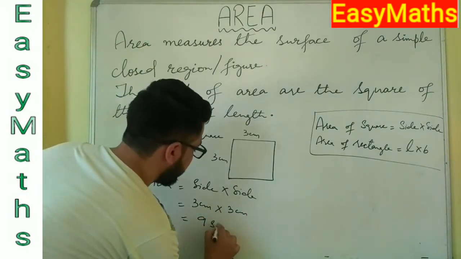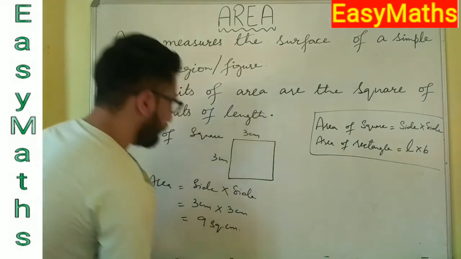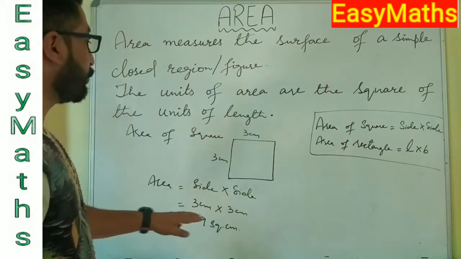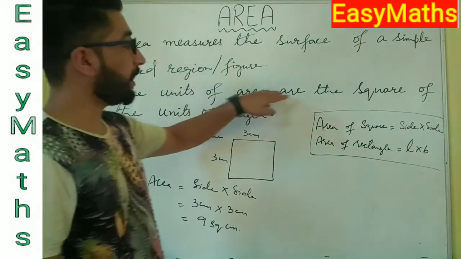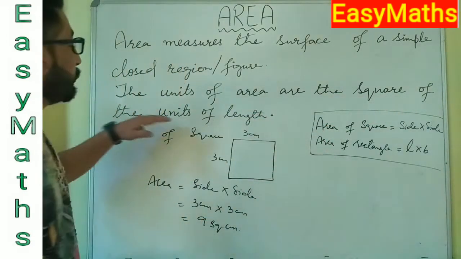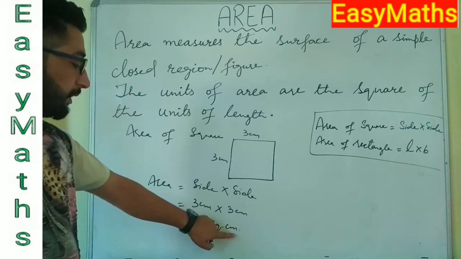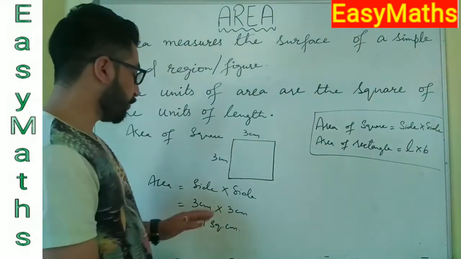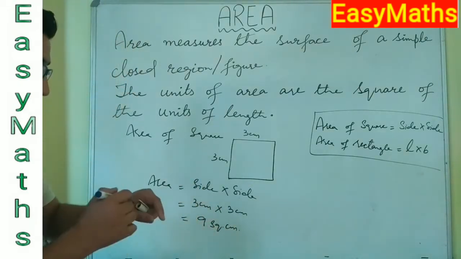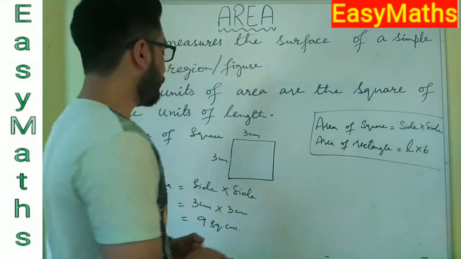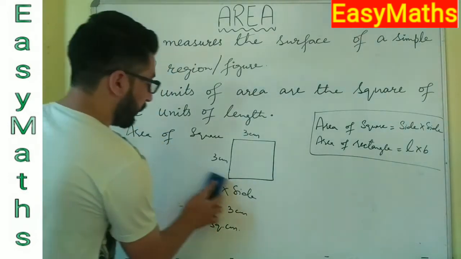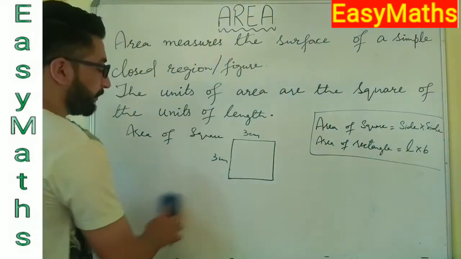Centimeter multiplied by centimeter is square centimeter. As I have told you, the units of area are the square of the units of length. So 9 square centimeter.